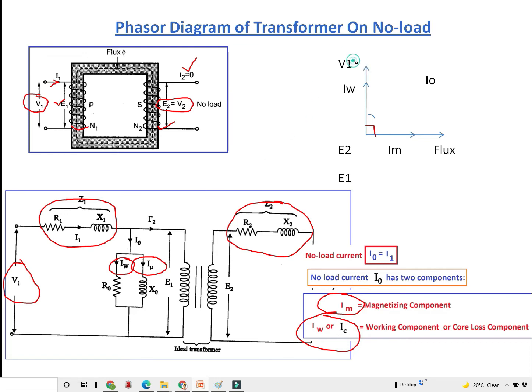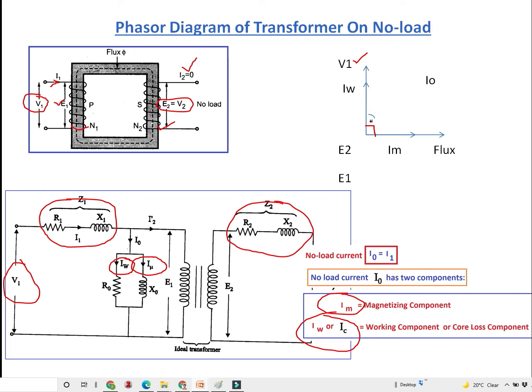Now V1 is represented with this straight line, correct, and then the working component or core loss component is represented by resistance. We know in a resistive circuit voltage and current are in phase, hence IW and V1 are in phase, correct. So I have drawn the magnetizing component and the working component. Now we know from the equivalent circuit that the vector addition of IW and I mu is I naught, because I naught is split into two parts, IW and I mu. So we have to draw a vector addition.